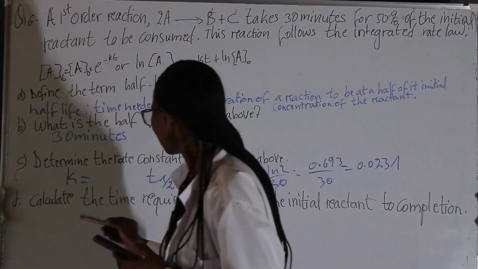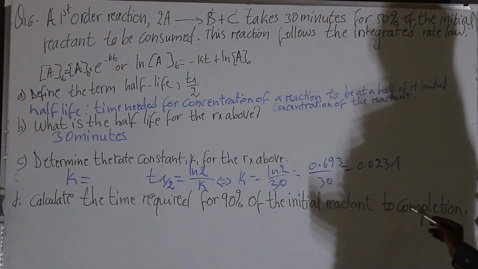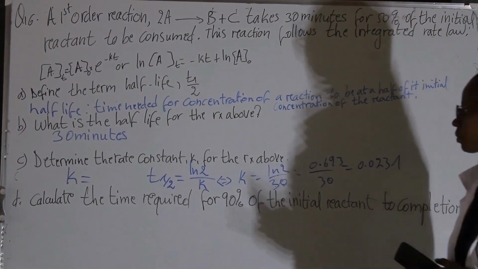For number D, calculate the time required for 90% of the initial reactant to be consumed.